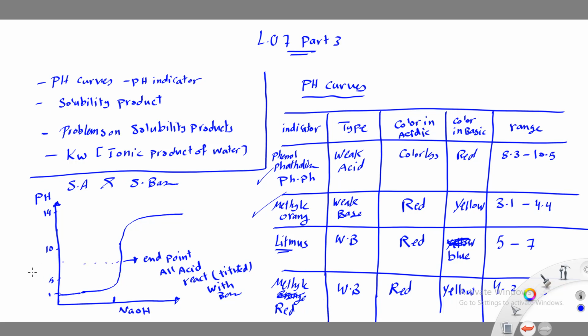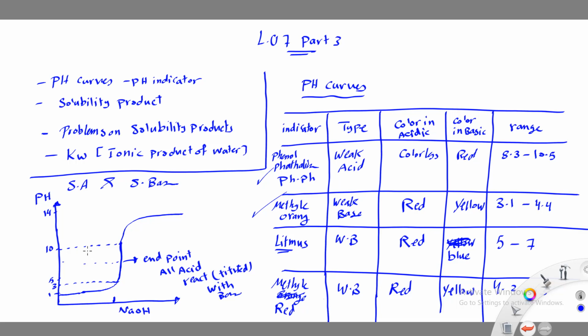Okay? What type of indicator can work between the 3, starting from 3? This straight line starts from 3 till we reach the 10. It is the range in which the end point works.